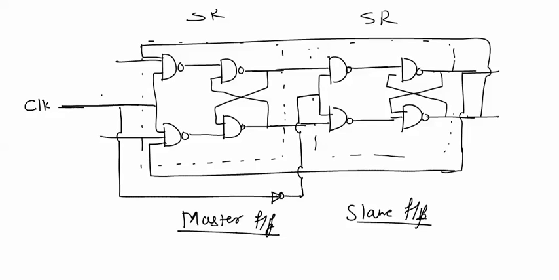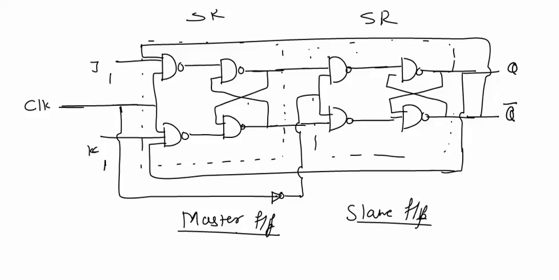And if J and K inputs are logic 1, in this case, if we have applied a clock, this clock will trigger only the master flip flop because we have applied the inverted clock to the second flip flop. That is the slave flip flop, and the final output is taken from the output of the slave flip flop.